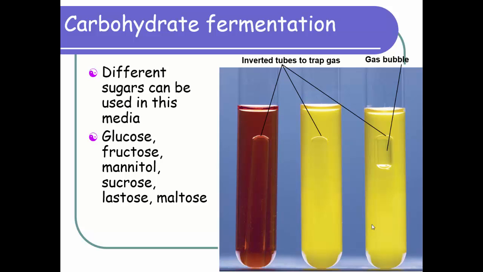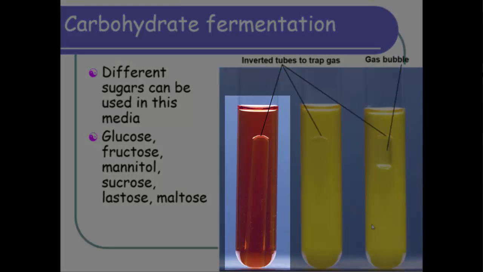All of these are described in the carbohydrate fermentation test in Lab 5. One of the things you'll notice with these carbohydrate fermentation tubes is that there is a smaller tube actually upside down in the test tube in the media. This is known as the Durham tube. This will test for whether or not the bacteria produces gas during fermentation of the sugar.